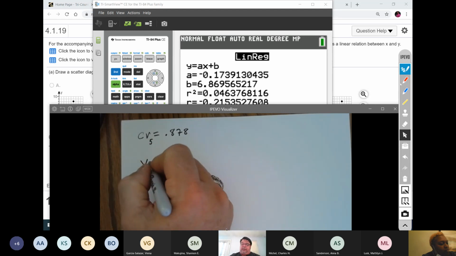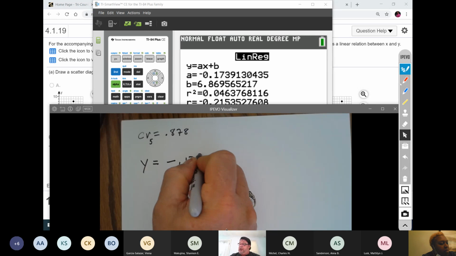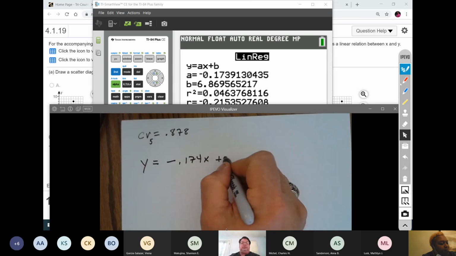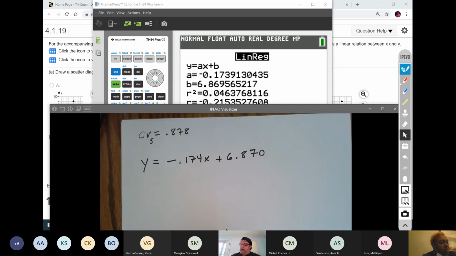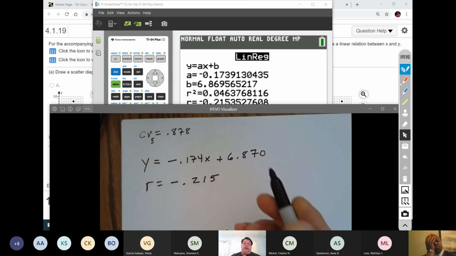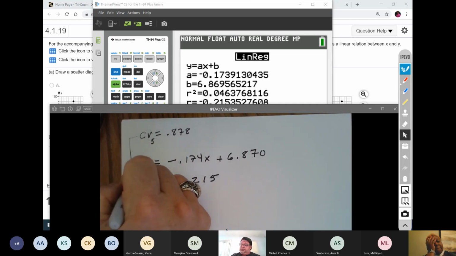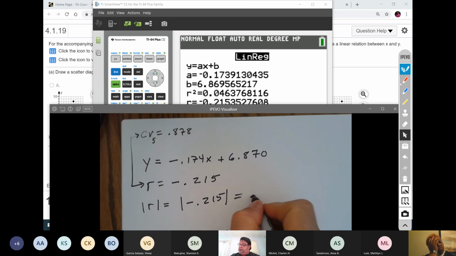My equation of my linear correlation is equal to negative 0.174x plus 6.870. And R is equal to negative 0.215. And remember, you're going to compare these. And you're going to compare the absolute value. Now, the absolute value of R is equal to the absolute value of negative 0.215, which is 0.215.